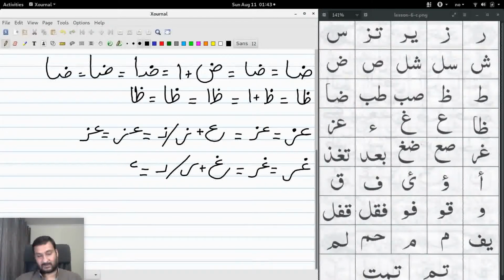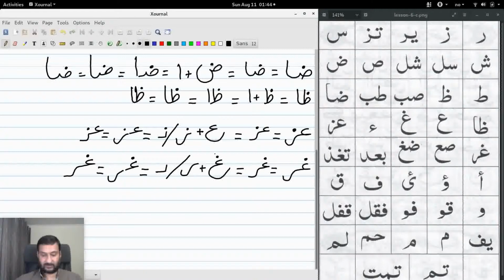So Ghain joined with Ra, and this Ghain will have its dot here. Can also be written as Ghain Ra. Ghain Ra. Next is Sad Ain. It's very interesting.